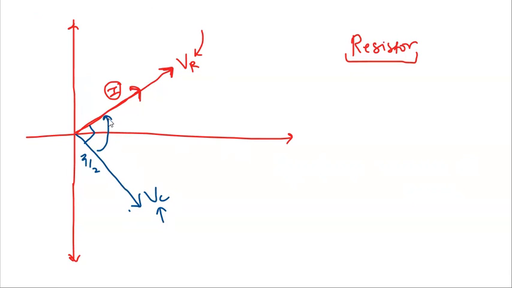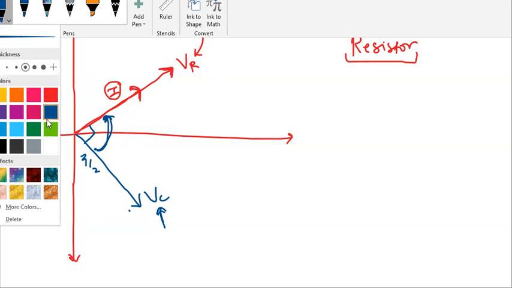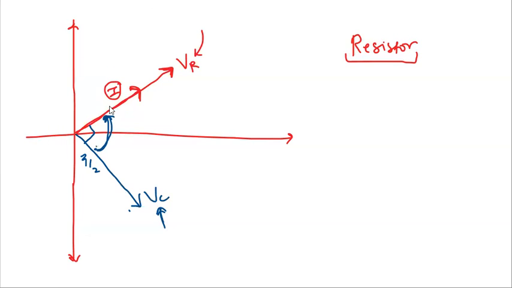And for an inductor, voltage is ahead and current is behind, so the voltage across the inductor is ahead of current. Current is ahead of voltage for a capacitor, and for a resistor both are in phase.